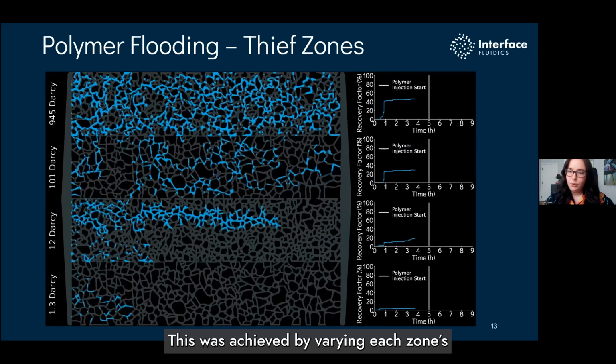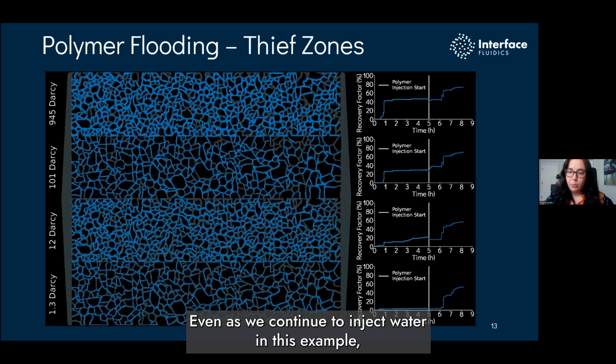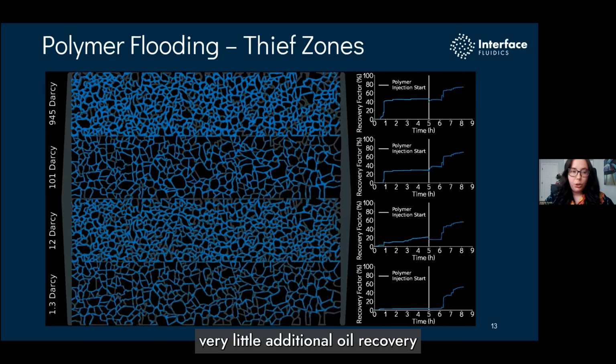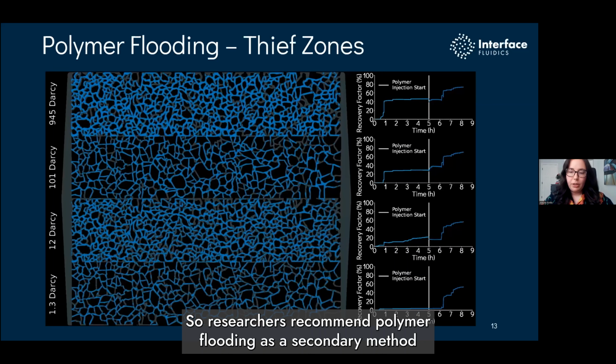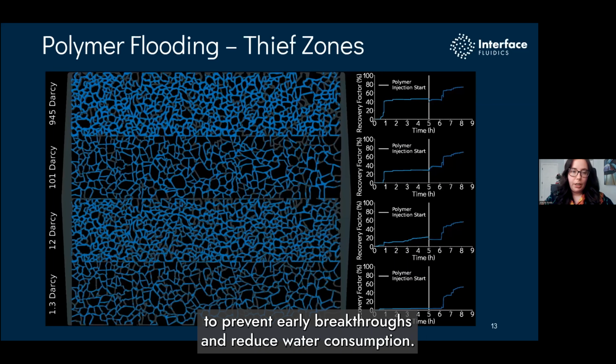Even as we continue to inject water in this example, very little additional oil recovery occurs in that zone. So after polymer injection, the recovery in the K4 zone increased noticeably to reach around 60%. Researchers recommend polymer flooding as a secondary method to prevent early breakthroughs and reduce water consumption.